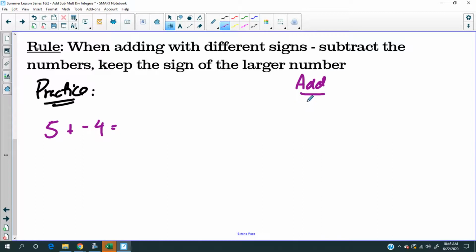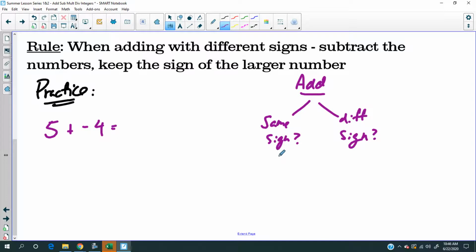You always have to ask yourself, are they the same signs or different signs? If you're more of a visual learner, that's the first question you have to ask yourself when you're adding.